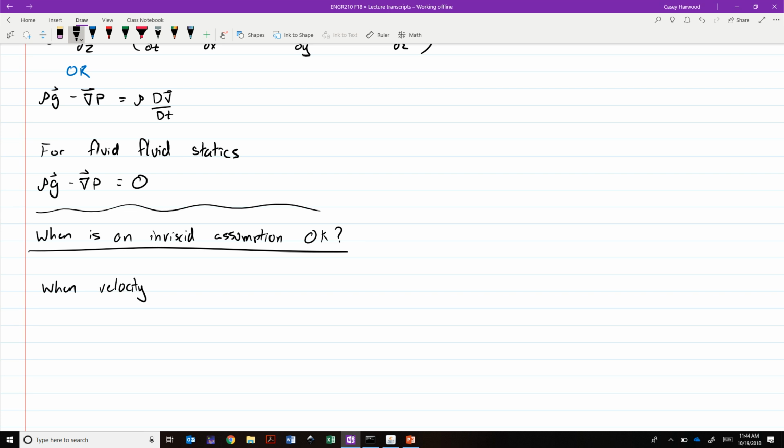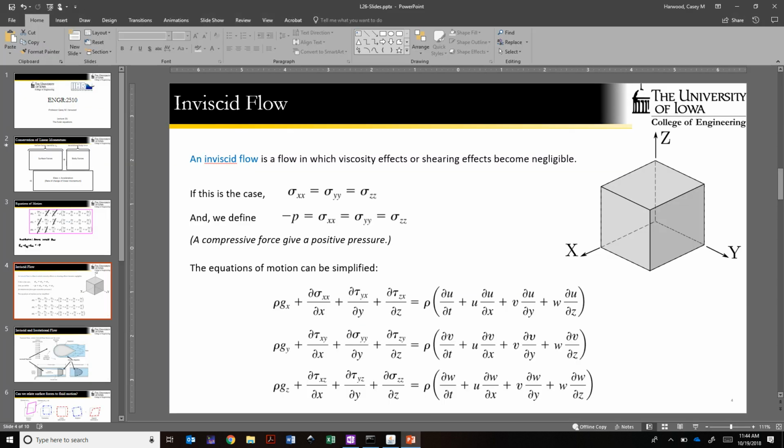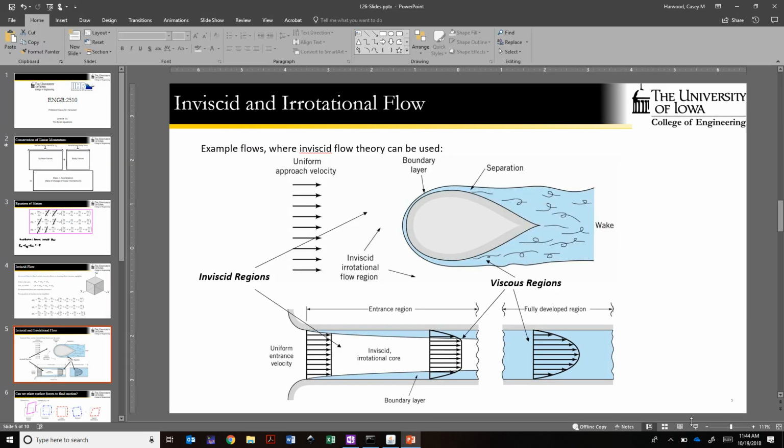So the question is when velocity gradients go towards 0, which happens surprisingly often. I've got here a little illustration of cases where we can go ahead and use these sorts of assumptions of an inviscid fluid. For example, if we were to look at flow around a semi-streamlined body here, this might be like one of the newer designs of bridge pilings that are designed for some streamlining.